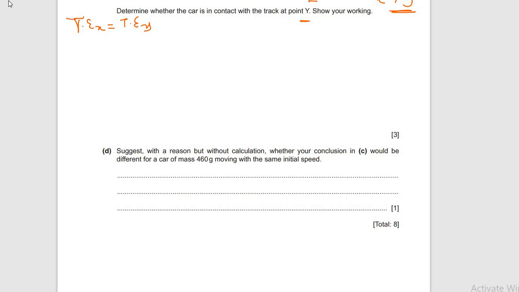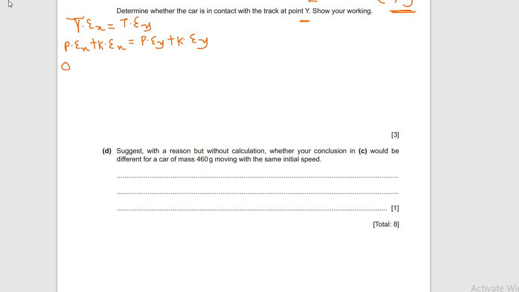Total energy at y is equal to total energy at x. What is total energy at x? Potential at x plus kinetic at x must be equal to potential at y plus kinetic at y. That's the principle of conservation of energy, POCOE.